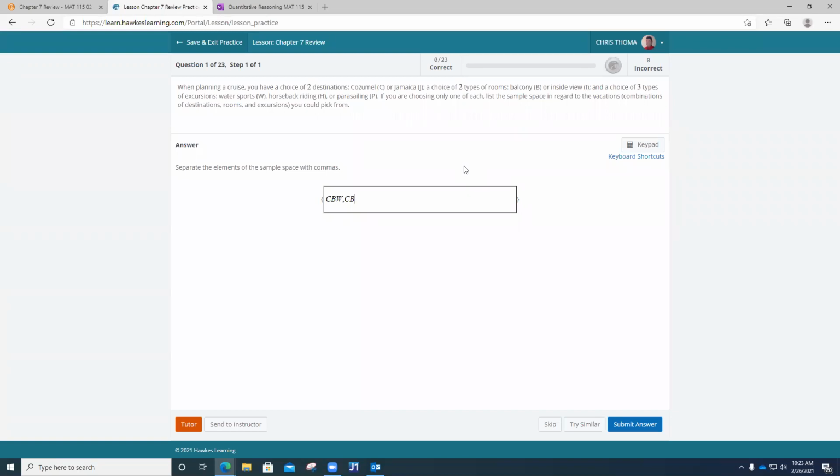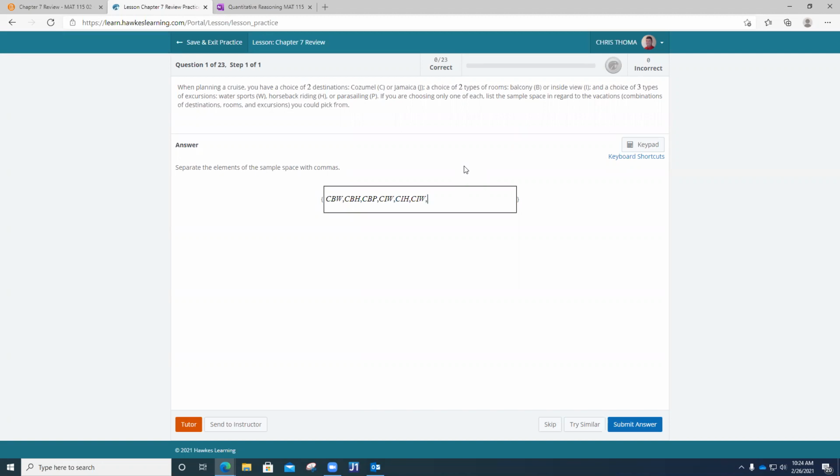Balcony and horseback riding, and then we could do Cosmo, balcony, and parasailing. Then I can switch it up and do inside view and list all those again. That should be all the choices for that destination.